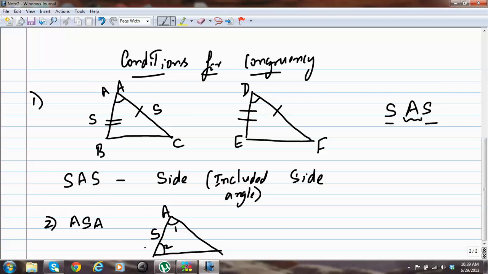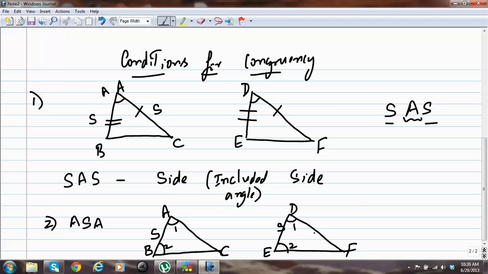Let me call this A, B and C, and another triangle D, E and F. So when you see this, angle A corresponds to angle D, angle B corresponds to angle E, and the side AB corresponds to side DE.